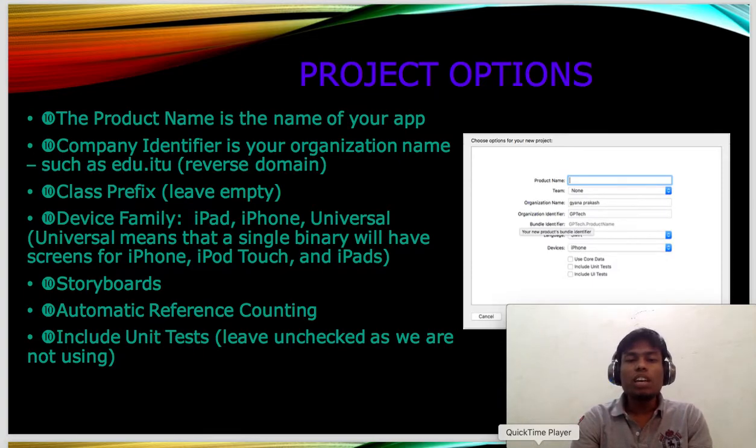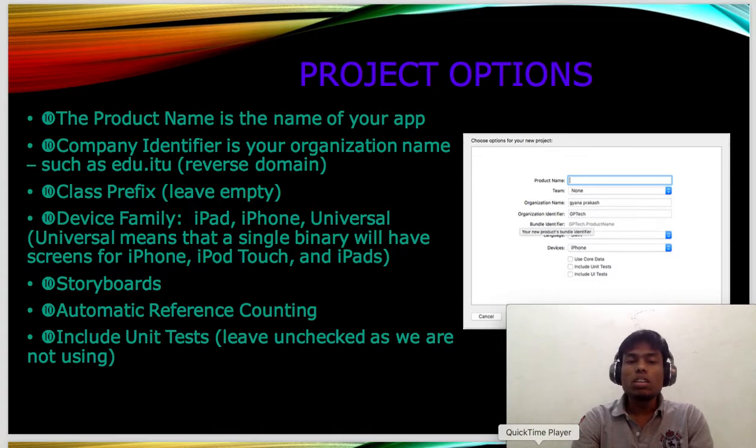The company identifier is your organization name, and the class prefix you can leave empty. For device family, you have to choose which device you need to build your application for, either iPad, iPhone, iWatch or Mac OS X. So choose your device family.